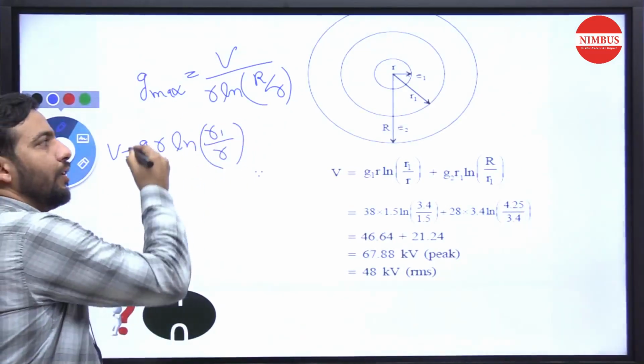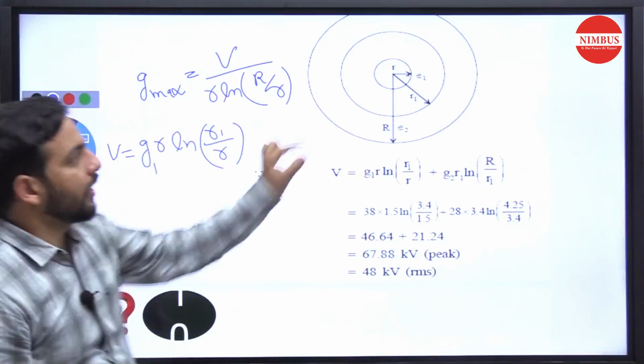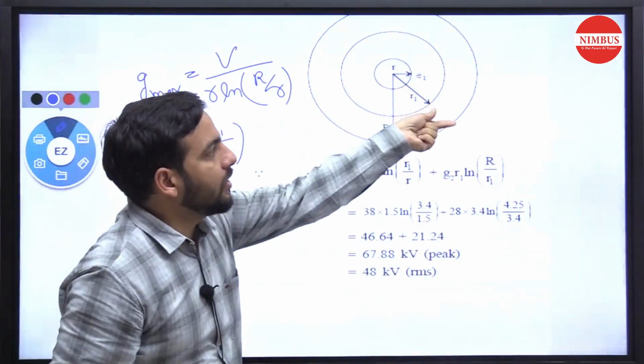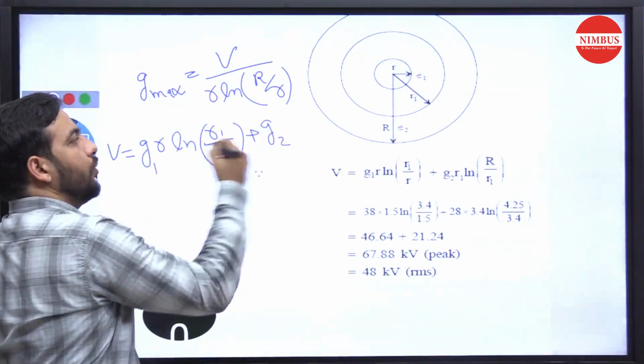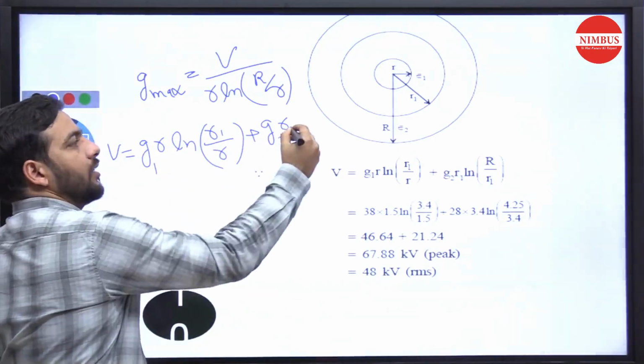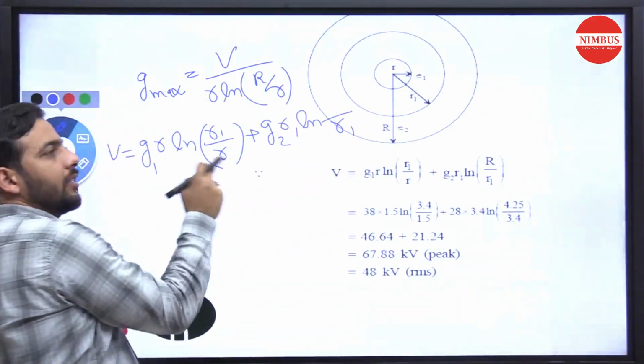This is the first layer stress, that is Z1. First layer voltage, that is V1, and the second layer is in series, so plus V2 we need to use. So plus for the V2, here it is Z2, and this is not after R, this is R1, and it is ln, this is R1, as these are the same.